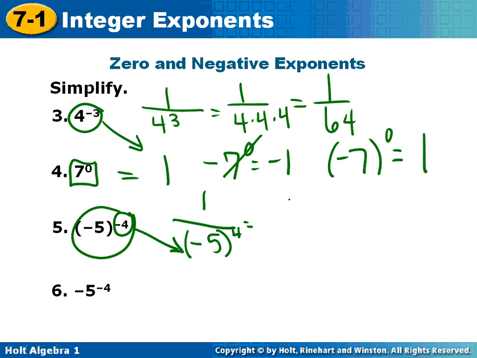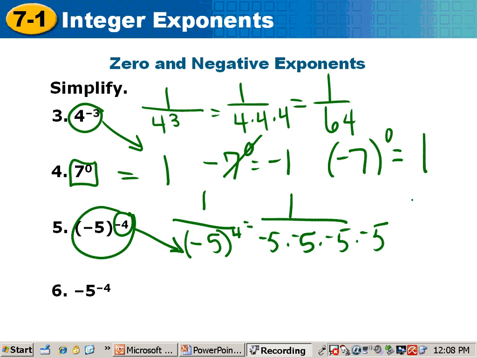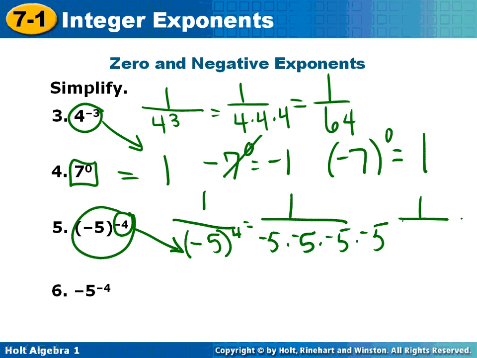So that's 1 over negative 5 times negative 5 times negative 5 times negative 5, and that is 1 over 625. Notice these two negatives make a positive and these two negatives make a positive, so that's positive 625.